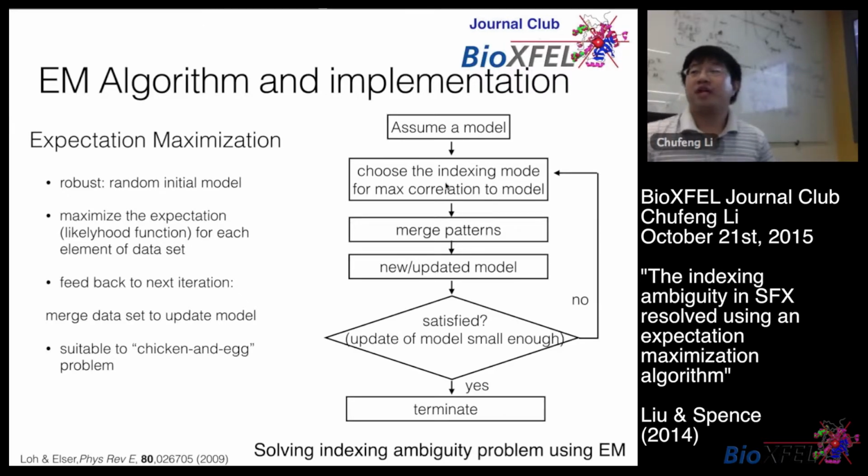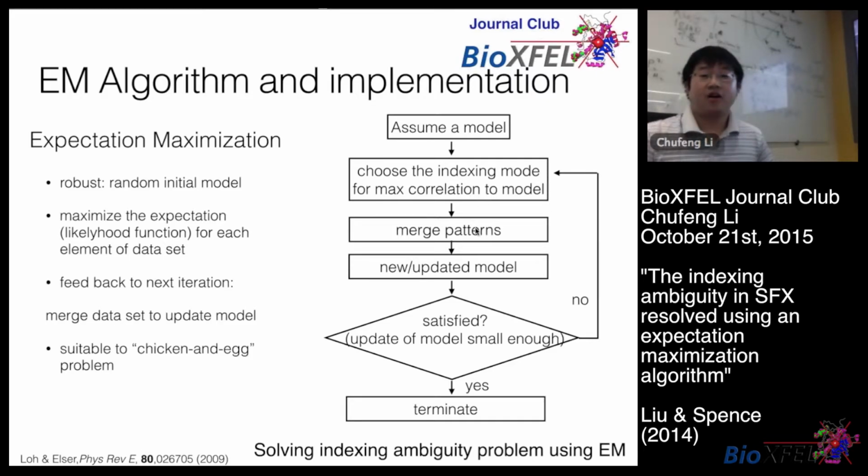Because there are two indexing modes for each of the patterns, right? CIM and AIM, like we saw. So we have two correlations for each pattern. We choose the max one, the larger one.